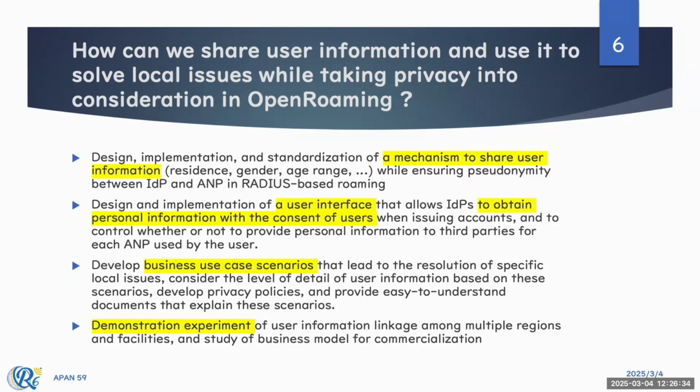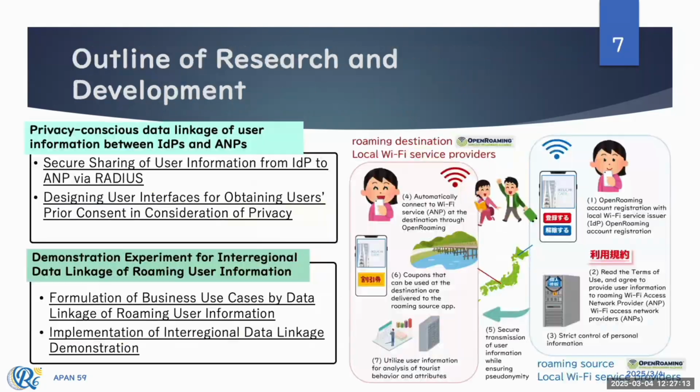So we will develop business use case scenarios that lead to the resolution of specific local issues, and also consider the level of details of user information based on these scenarios, and develop privacy policies and provide easy to understand documents that explain these scenarios. And finally, we will conduct the demonstration experiment of user information linkage among multiple regions and facilities, and the studies of business model for commercialization.